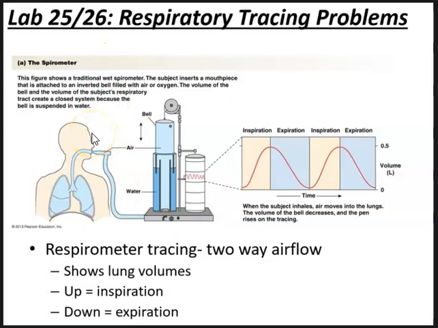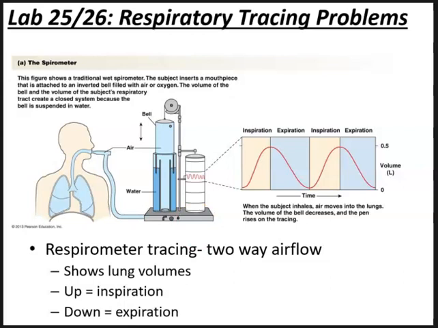This is a closed system, so the person will be breathing air that is in the system, not introducing air from the nose. We can see that the respirometer will be hooked up to this apparatus here. So we have this tube that's hooked up to a mouthpiece, and then the tube will be attached to an inverted bell filled with air or oxygen.